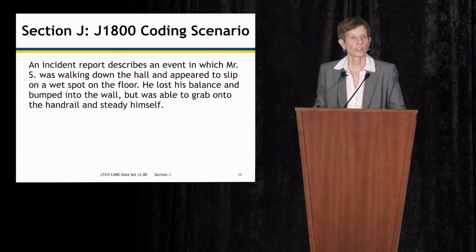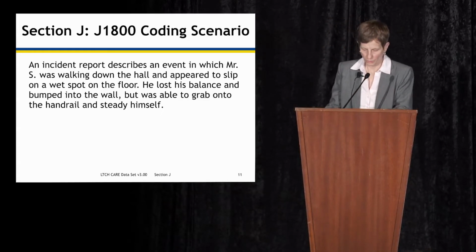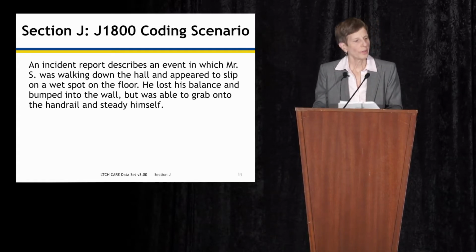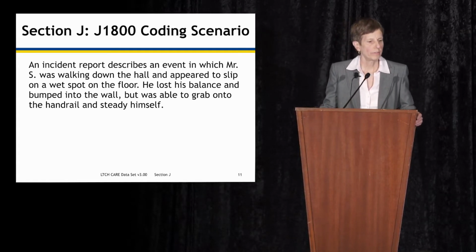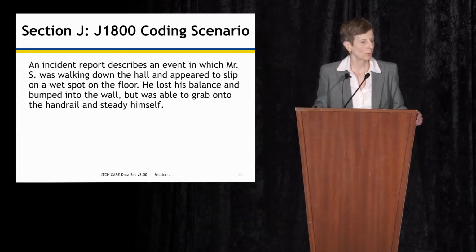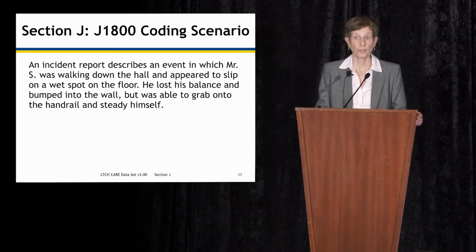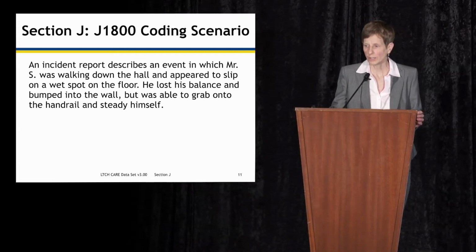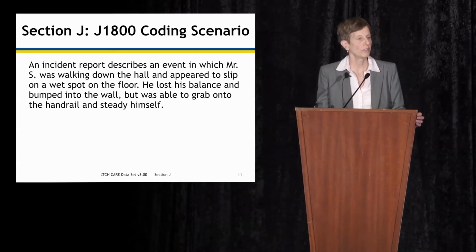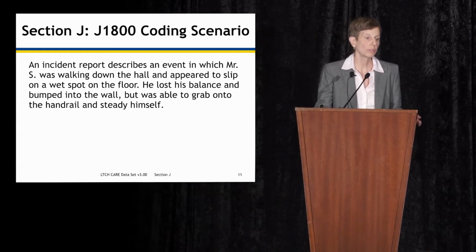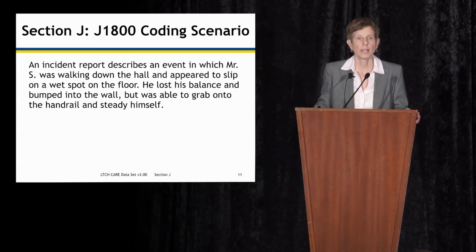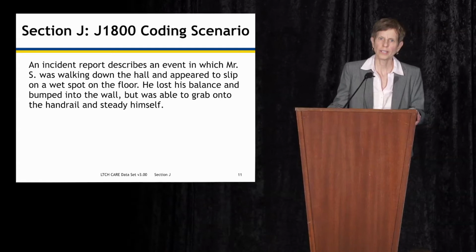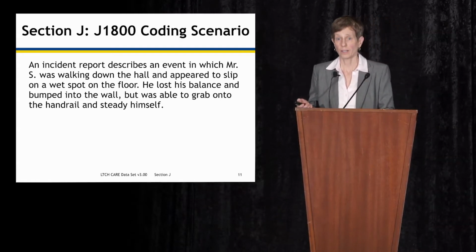So here's your first coding scenario, so get your cards ready. An incident report describes an event in which Mr. S was walking down the hall and appeared to slip on a wet spot on the floor. He lost his balance and bumped into the wall, but was able to grab onto the handrail and steady himself. So remember, you have two choices, 0 or 1, 0 indicating he did not fall, 1 indicating he fell.